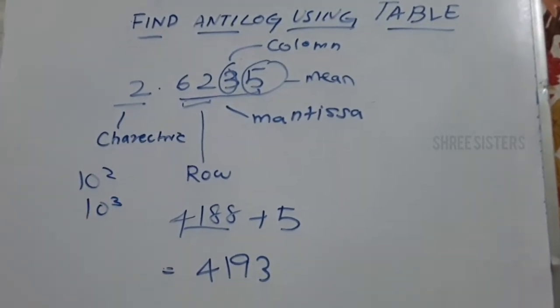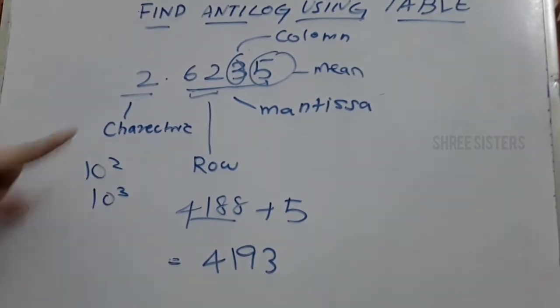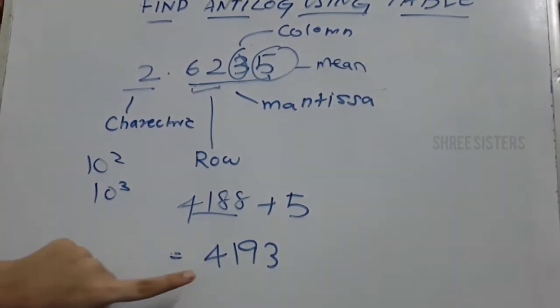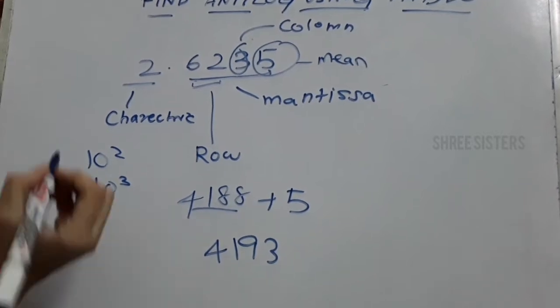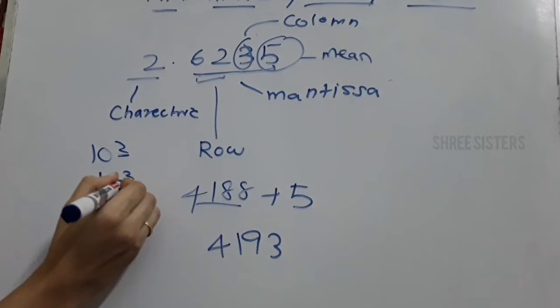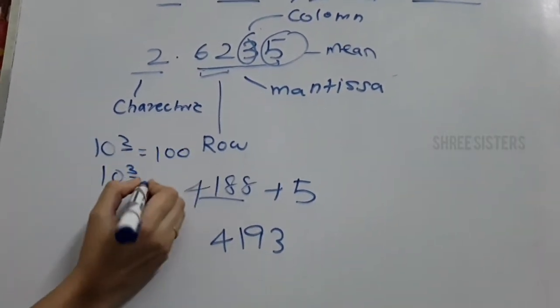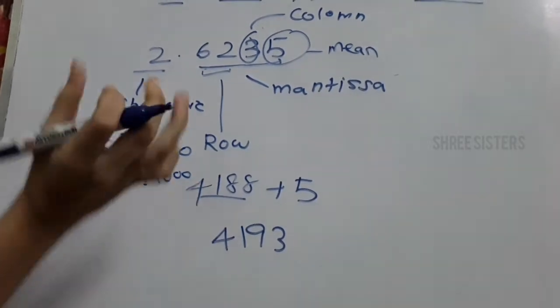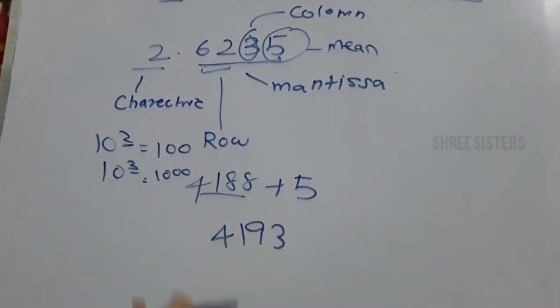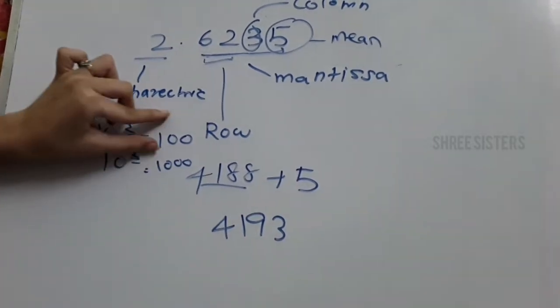As we saw in the previous video, the least power of the number which is in between, that only will be taken as the characteristic part. Now what is 10 power 2? 10 power 2 is 100 and 10 power 3 is 1000. So we know that this particular number is between 100 and 1000.